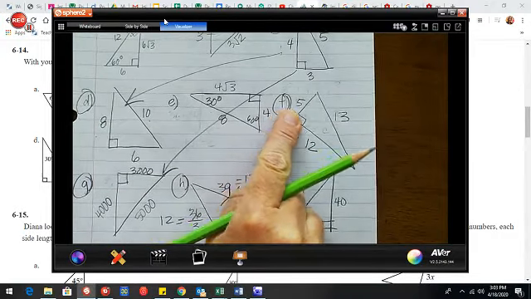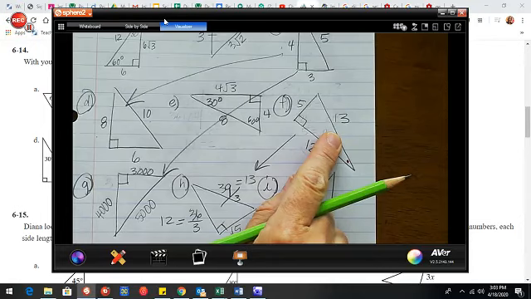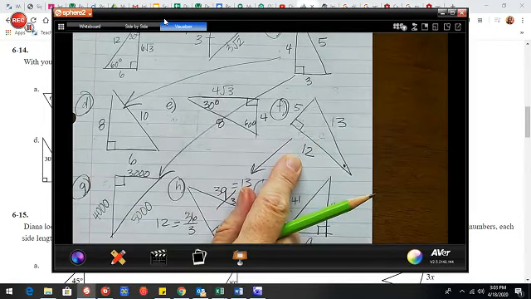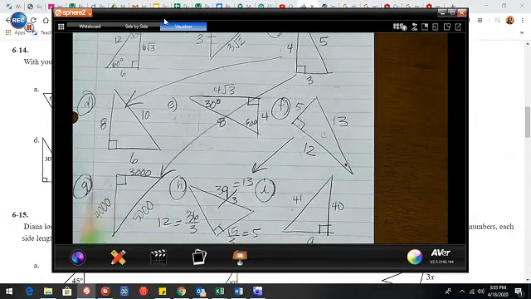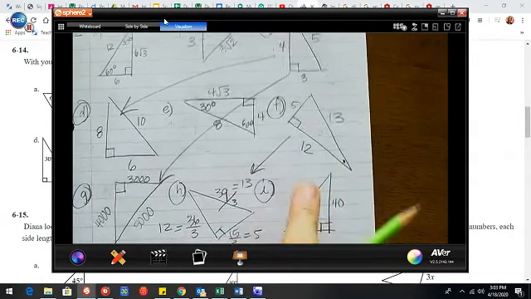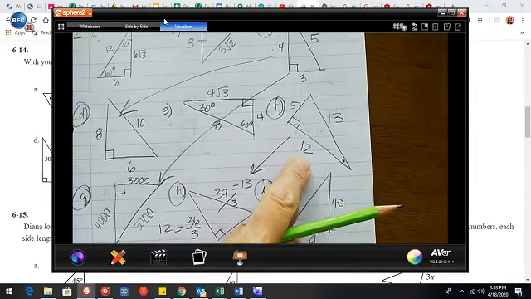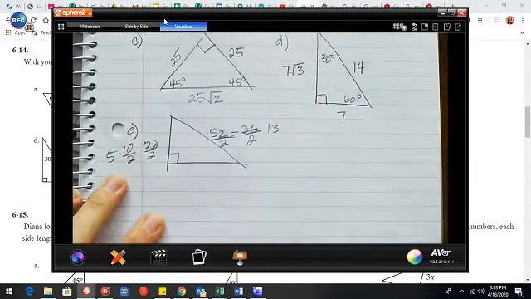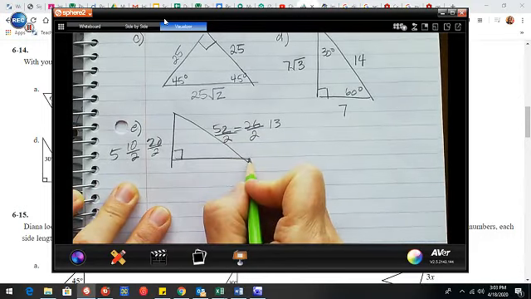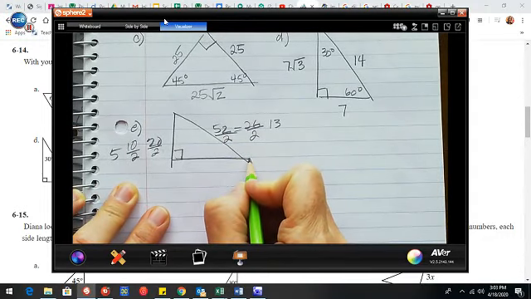A leg of 5, a hypotenuse of 13, that means that other leg is going to be a multiple of 12. So this is the one we're working on, is just a dilation of this triangle, 5, 12, 13. So this is not 12. Can you figure out what this would be?